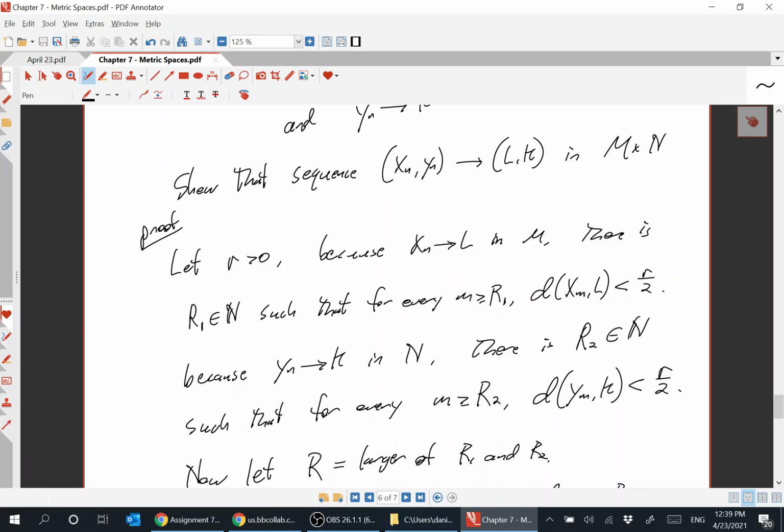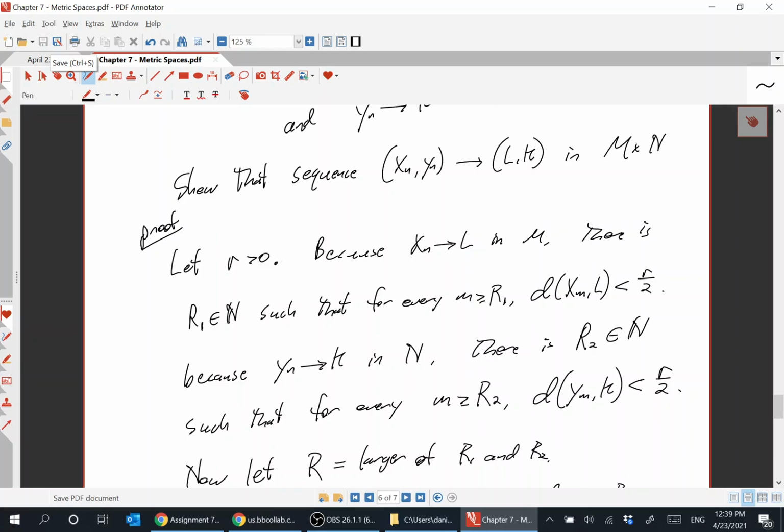So how do we prove a sequence converges? Well, let r be bigger than 0. We need to start with any r bigger than 0. You don't know what it is, but it's something really small.